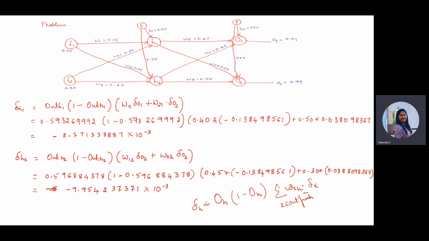the out of H1, which is already calculated, times 1 minus out of H1, the same value.